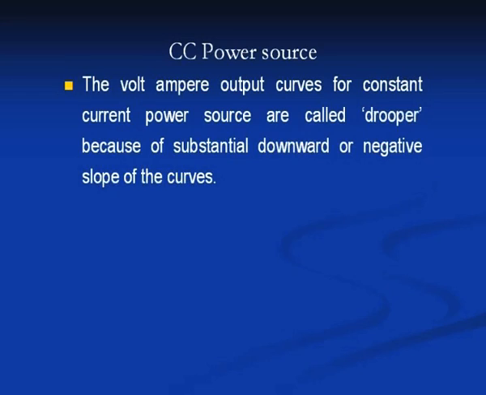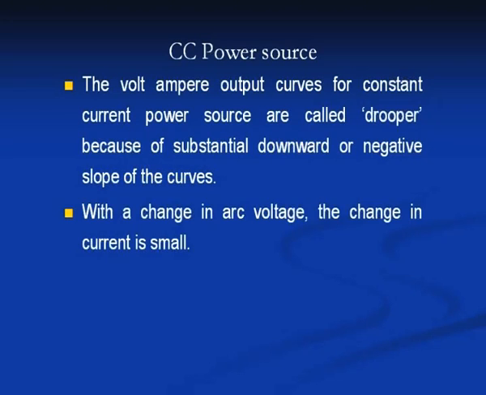And the arc volt-ampere output curve for a constant current power source is called the dropper characteristic, because with the increase in arc voltage, your current drops and it has a negative slope. So, because of the substantial downward or negative slope of the curve, it is called the dropping characteristic.